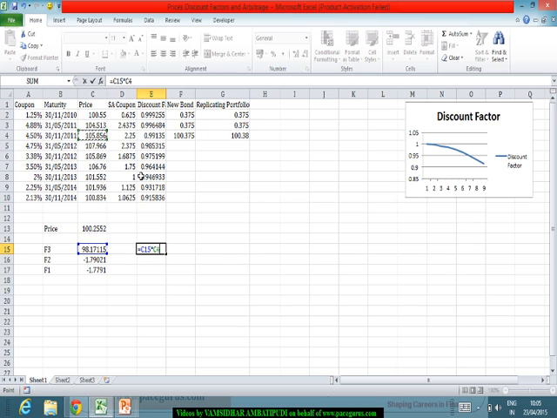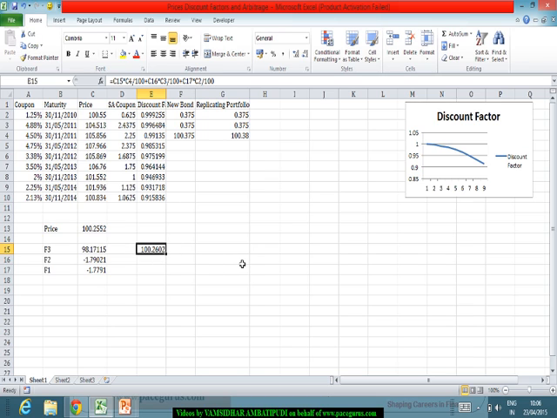For 97.17, I can very well find that this is the price of it. Similarly, for this particular face value, a 1 year maturity bond will have a price of this much. And for this particular face value, a 6-month maturity bond is going to have a price of this much.